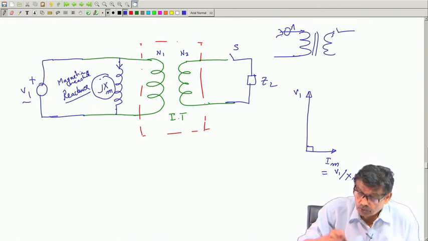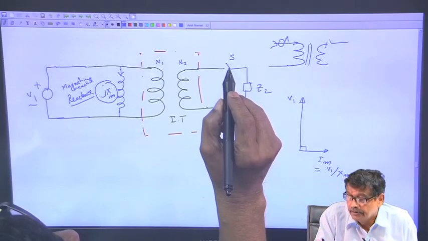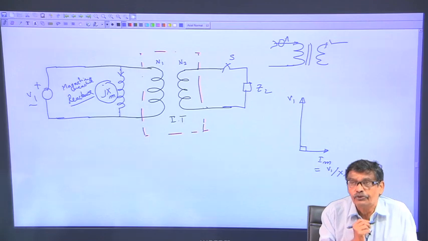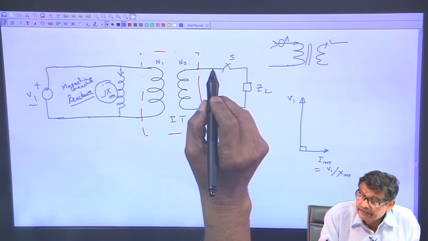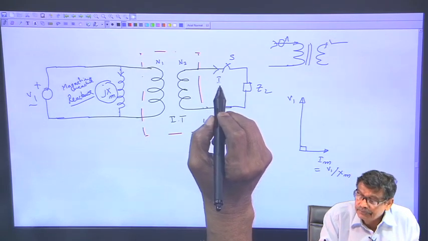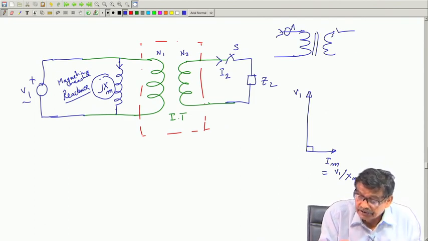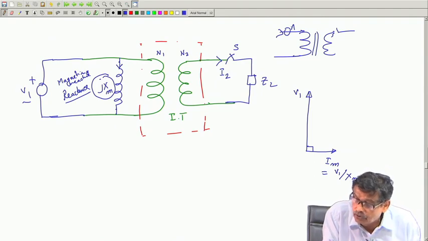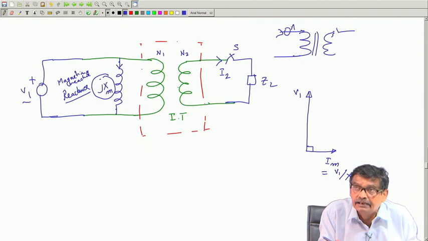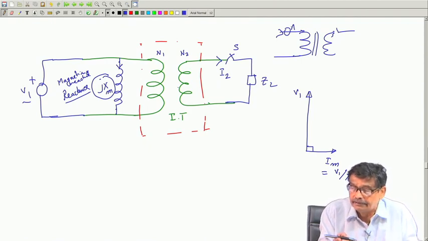With S closed, listen carefully. Suppose I have closed S, this current is I2. But this portion is an ideal transformer. With S open, there was no current here. This transformer, which is ideal, has no magnetizing current.